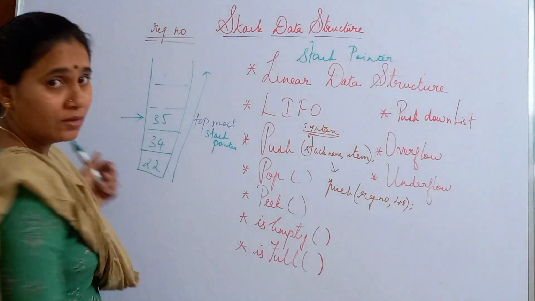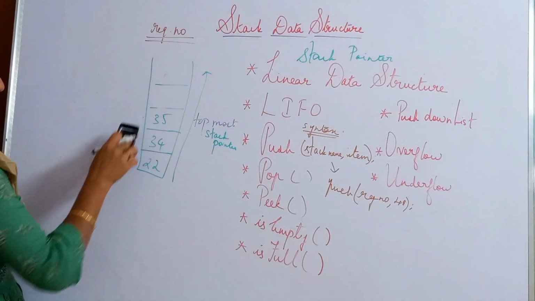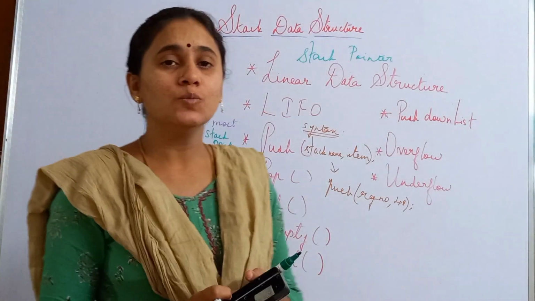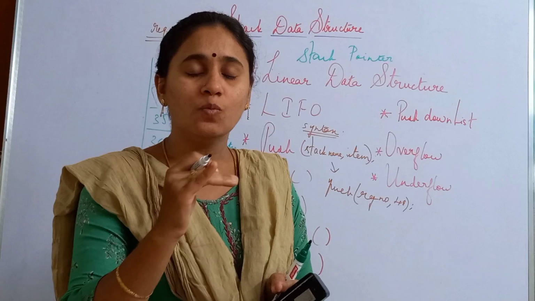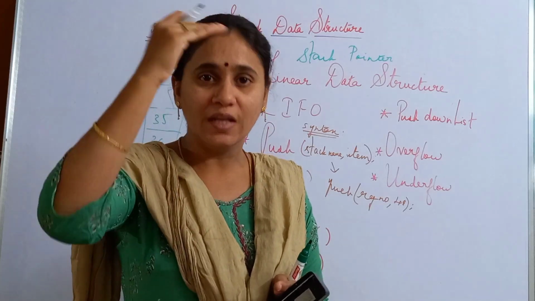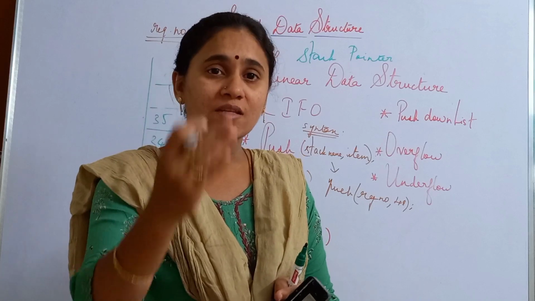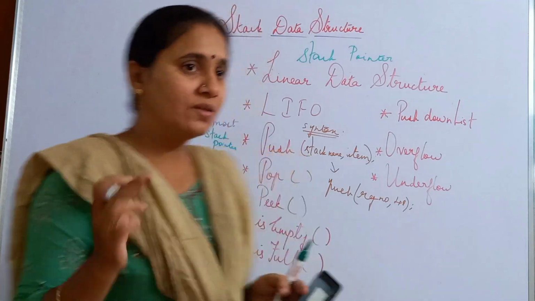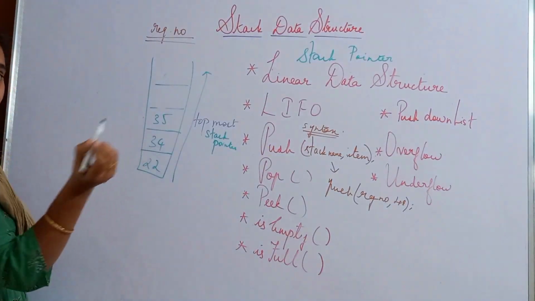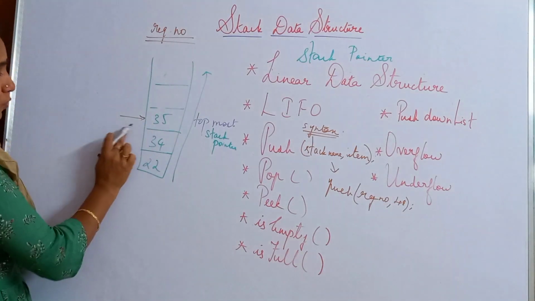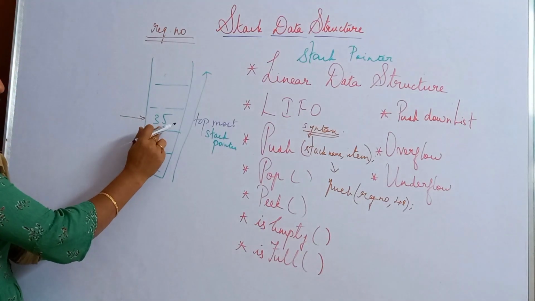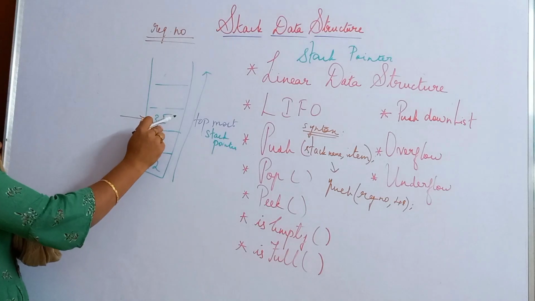First we must increment, that is, move the top pointer to the next position upward, towards the next empty position, because the topmost pointer was pointing to a location which already has the number 35.